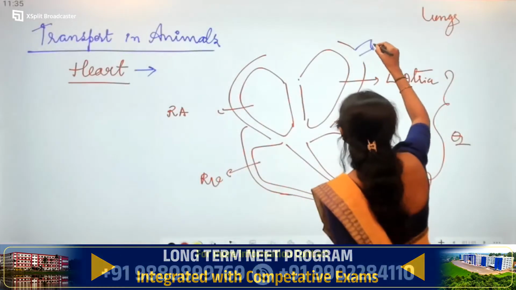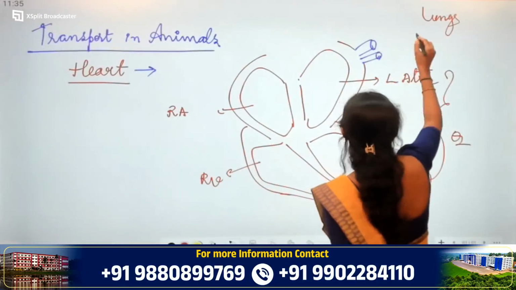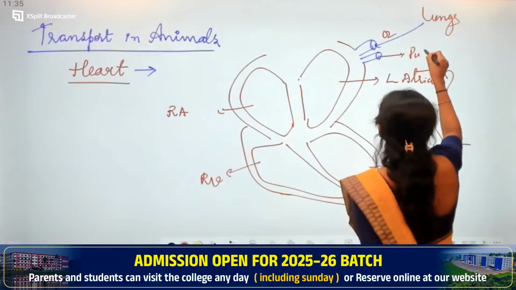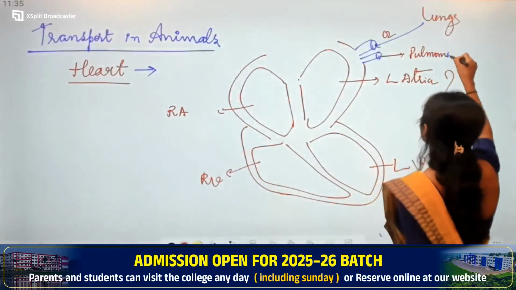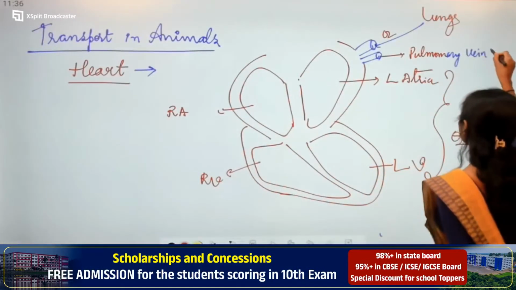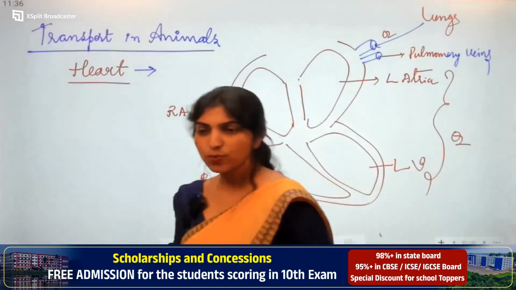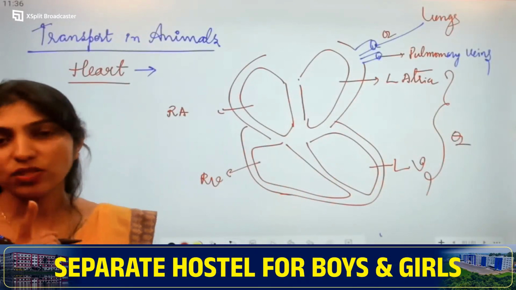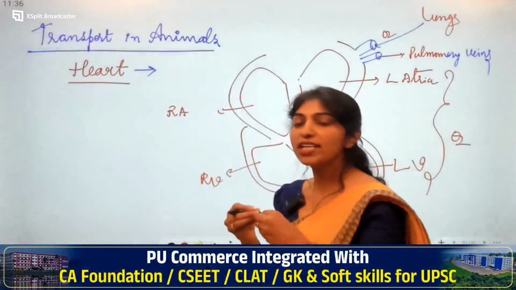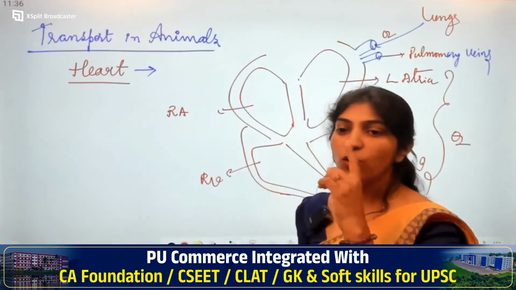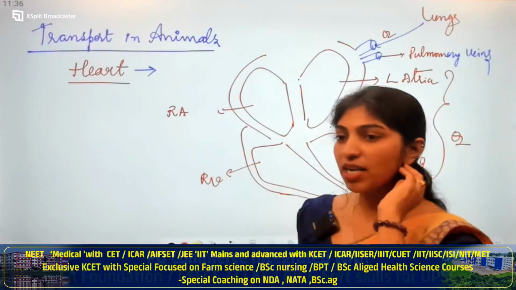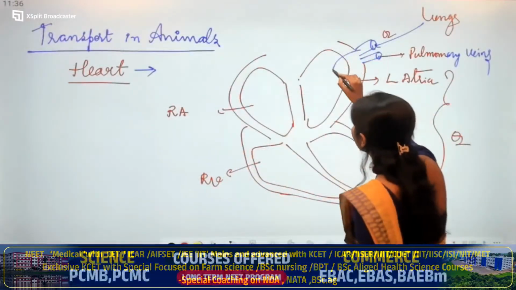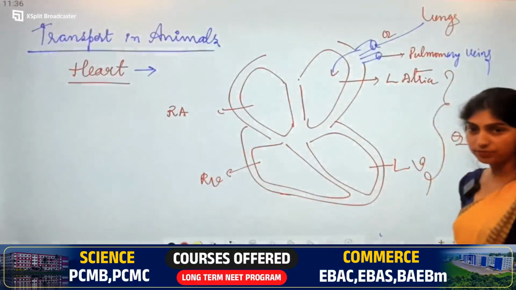From the lungs the oxygenated blood is carried by pulmonary veins. It is the only vein which carries oxygenated blood. Remaining all the veins carry deoxygenated blood. The pulmonary vein carries oxygenated blood to the left atria. Clear?